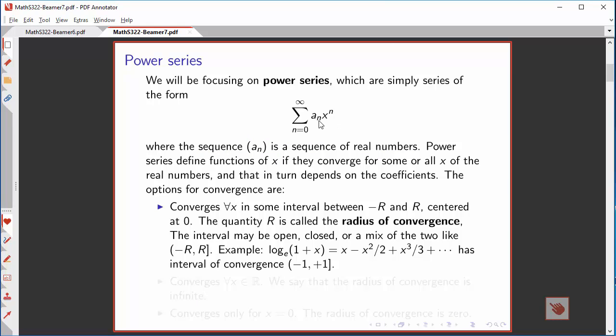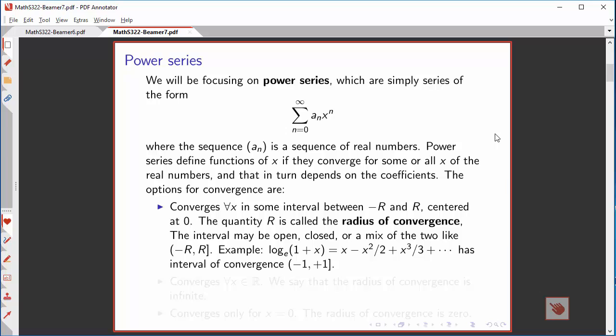A power series is an infinite series where the general term is some constant a sub n times x to the nth. So a sub n is a sequence of real numbers that we can use to define a function of x.